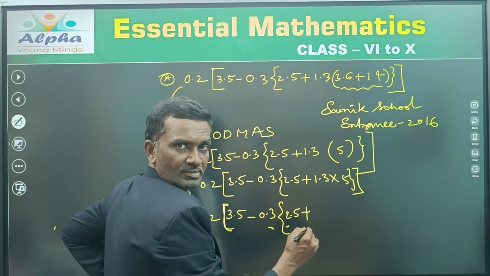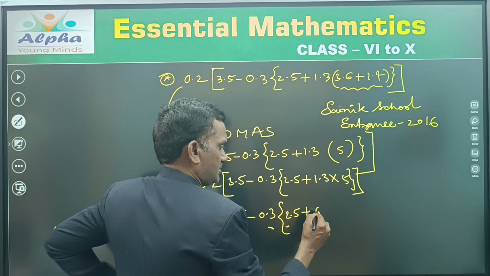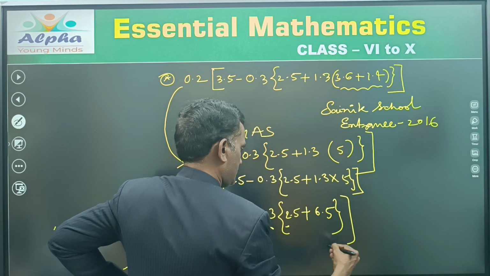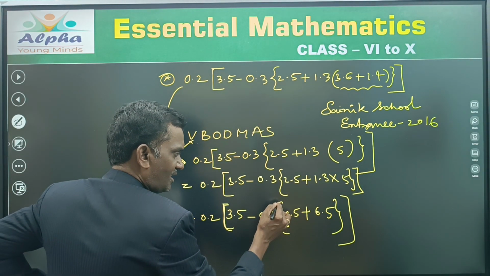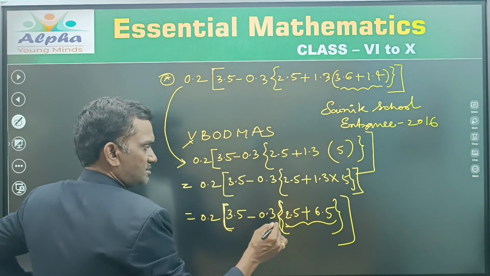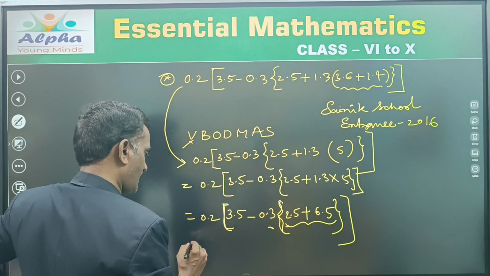That is 6.5. Now this is curly brackets, this is to be simplified. 6.5 plus 2.5, what is that? 7, 8, 9, total it is 9.